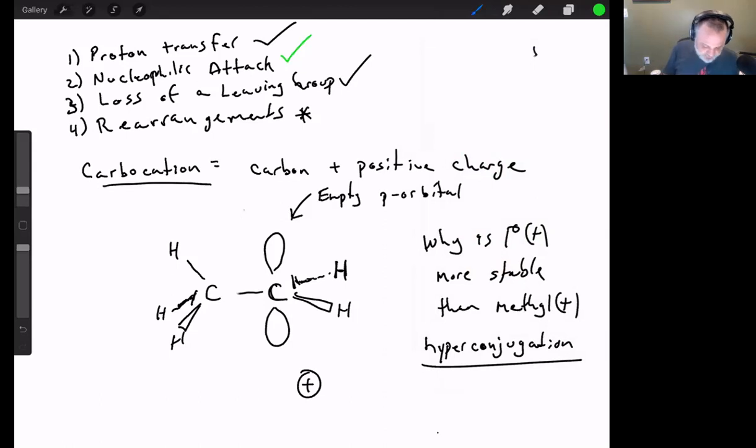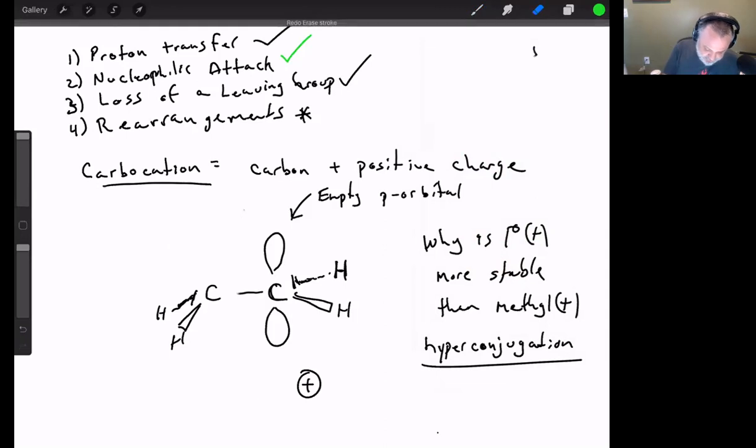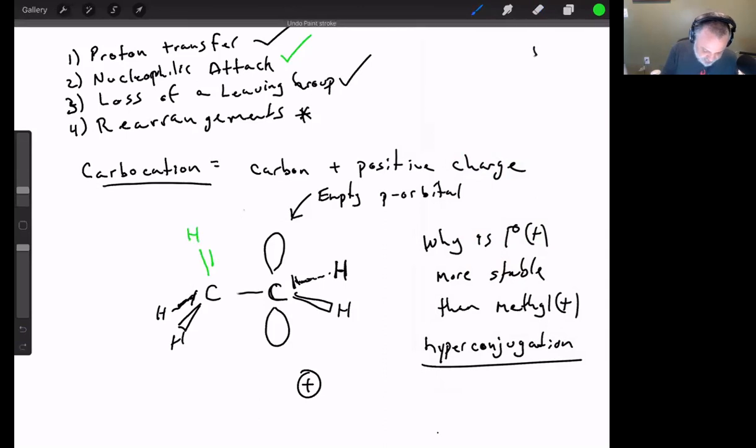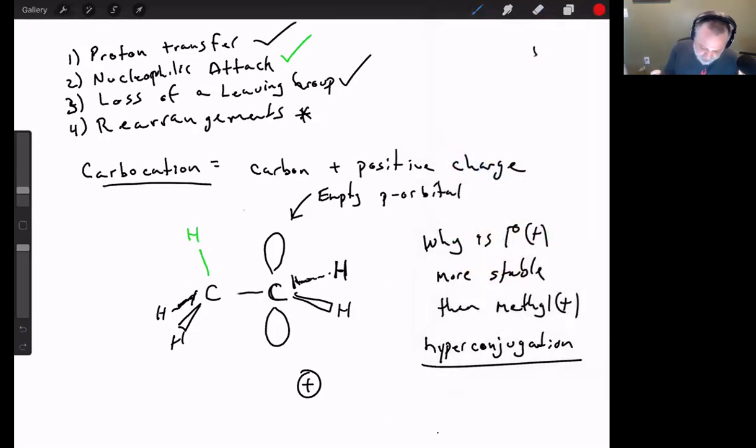Hyperconjugation is this ability for an adjacent sp3 hybridized orbital to share electron density into the p orbital that's empty.